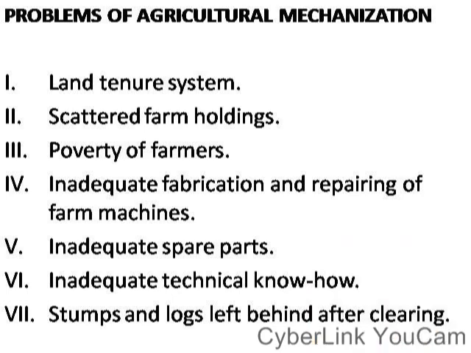There are not enough people that have the skill to operate the machines and some other farm implements. Number 7, stumps and logs left behind after clearing. When manual land clearing is done and you want to further the farm operation with machines, the logs lying on the farm make it very difficult for the machine to move within the farmland.